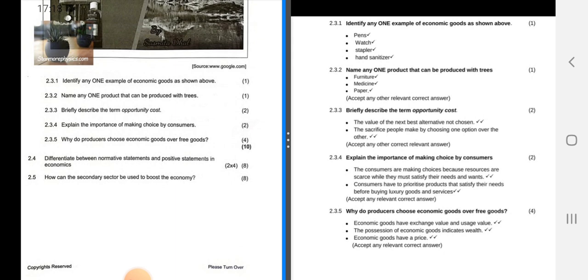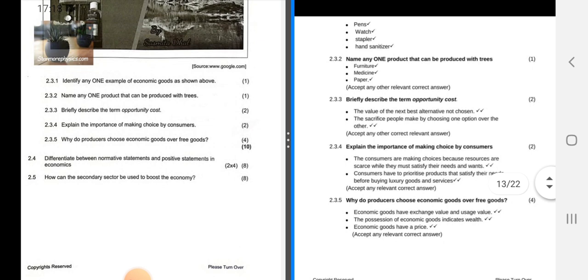In this memo, they said because resources are scarce and consumers have to prioritize products that satisfy their needs before buying luxury goods and services, or any other relevant answer. That is explaining the importance of making choices by consumers. So why is it important for consumers to make choices?